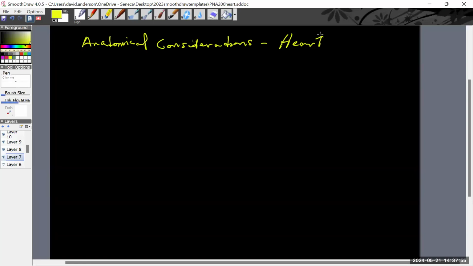If that word cardiac is associated with it, then it's going to be a discussion on the heart. Another term that will be related to the heart is coronary. So we have cardio and we have coronary, which are indicators that we're having a discussion about the heart.